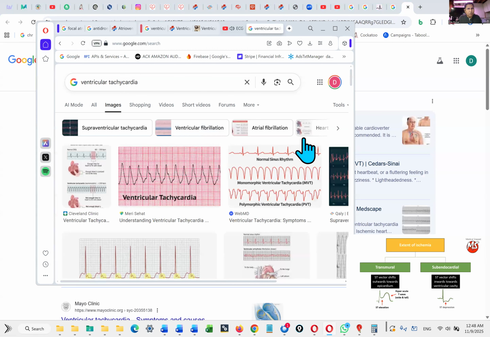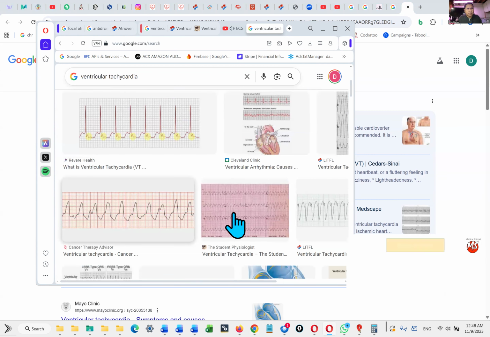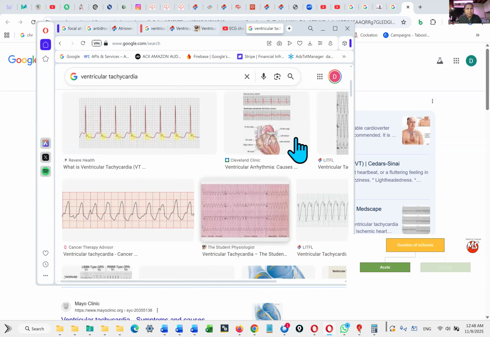See, ventricular tachycardia is always regular. See how nice and regular it is.